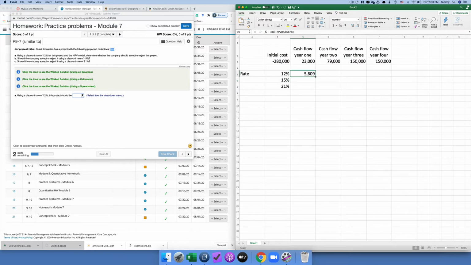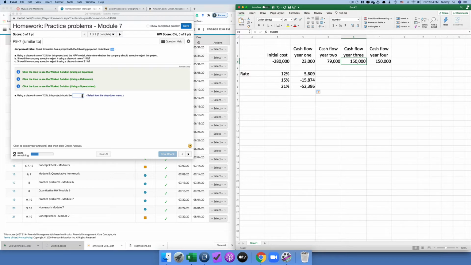So at 12% discounting, it's 5609. At 15%, right, because we value future cash flows less, and this is heavily weighted out in the future, we lose value because the value of this 150 and this 150 even more so goes down. So at a higher discount rate, that means we discount the future more, then our net present value becomes negative.